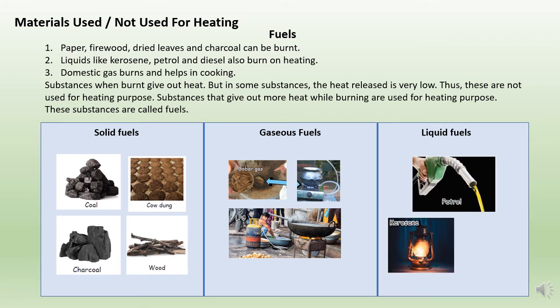Now substances when burnt give out heat, but in some substances the heat released is very low. Thus, these are not used for heating purposes, but the substances that give out more heat while burning are used for heating purposes, and these substances are called fuels.